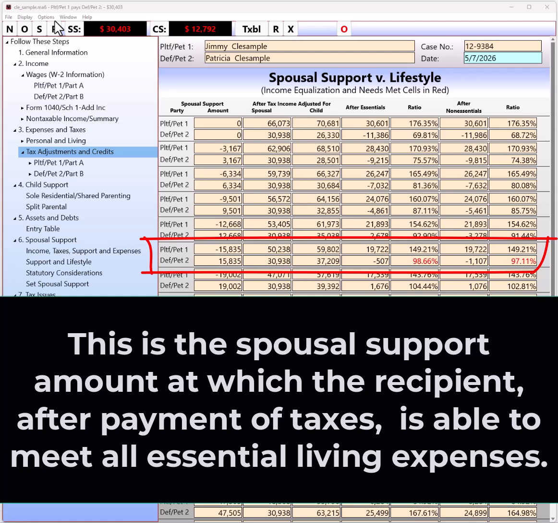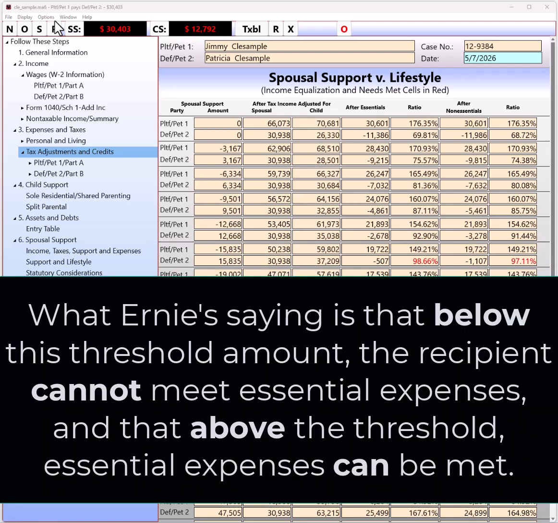So the defendant, who is the recipient of the spousal support and child support, at that point is unable to meet their essential expenses. Right at that level, $15,835. And you try to get it as close to 100% as possible, but obviously there's only 16 or 20 different numbers that we're testing here, and that's as close as we can get. It's 98.6.